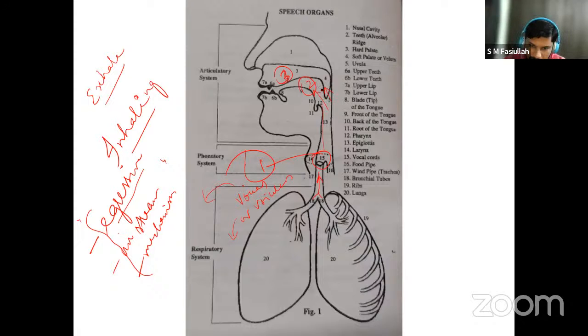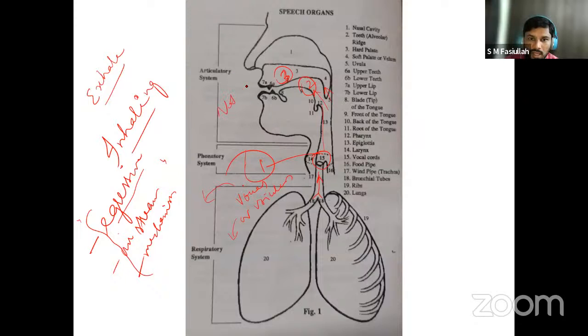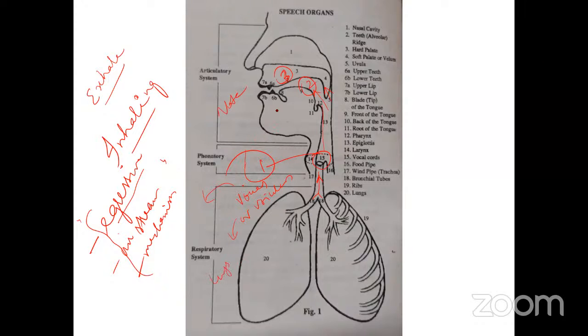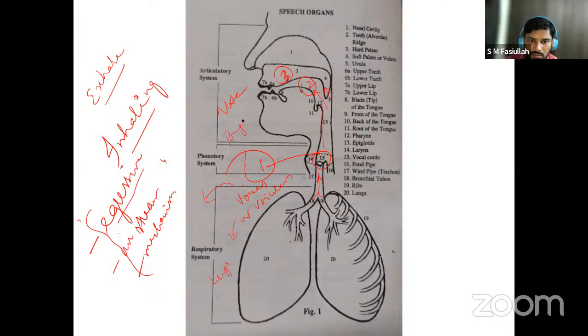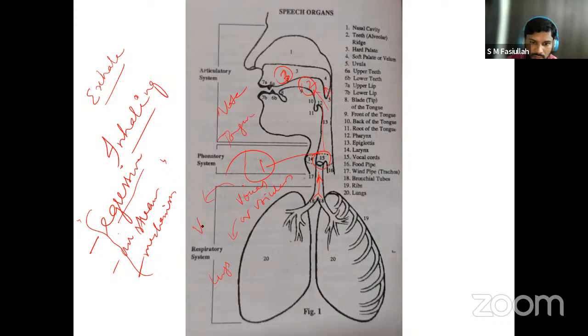So what are the major organs that are involved in production of sound? Vocal cord. Nose. Lungs. Tongue. Vocal cord, which we also call the human sound box.